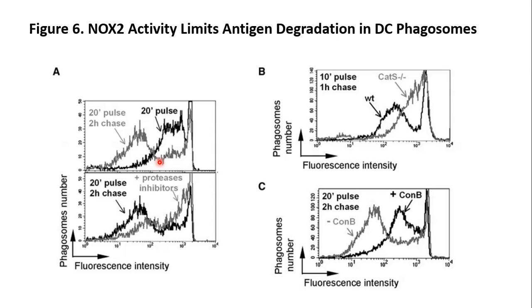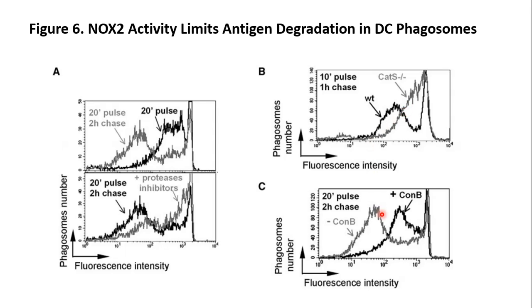This decrease was less pronounced in the presence of protease inhibitors, leupeptin and pepstatin. So you can see this decrease is less pronounced, also in the phagosomes from cathepsin S deficient mice. You can see here. We can conclude that decreased immunofluorescence on the beads was due to degradation rather than denaturation of OVA.